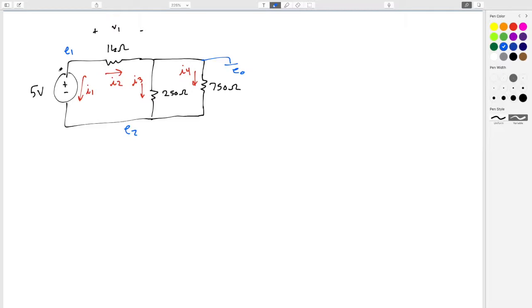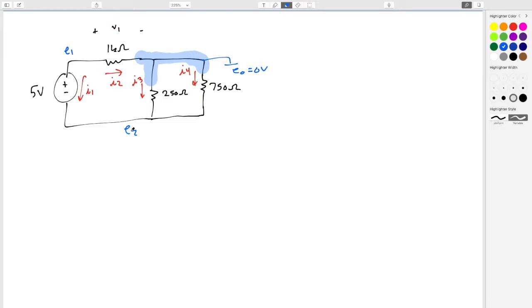If we go through it again, we can use the supernode concept to solve this one a lot easier. For example, if we make our ground node E0, which is just saying this is 0 volts, at a high level I can see that the ground is touching this node right here.